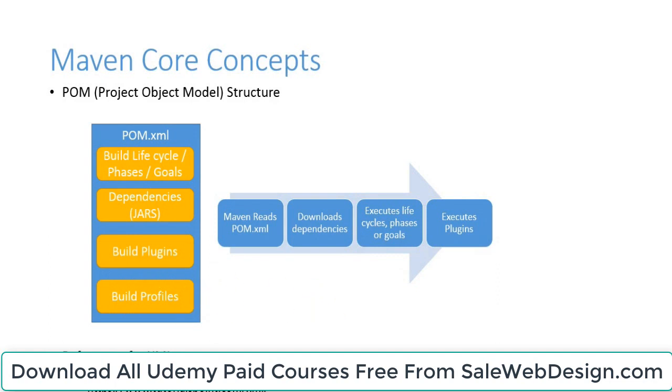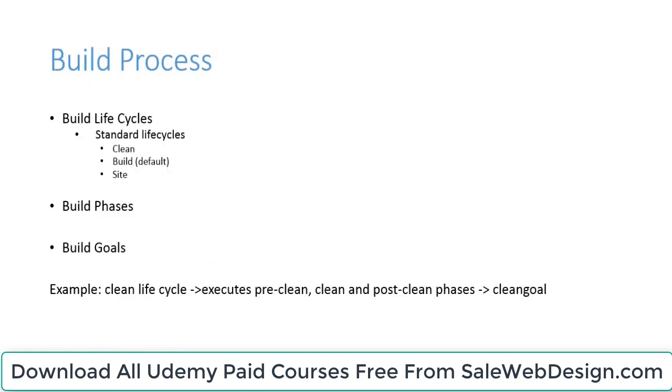Now let us understand the Maven build process to help us know more about its execution. The build process in Maven is split into build life cycles, phases, and build goals. A Maven build lifecycle consists of a sequence of build phases, and each build phase consists of a sequence of goals.